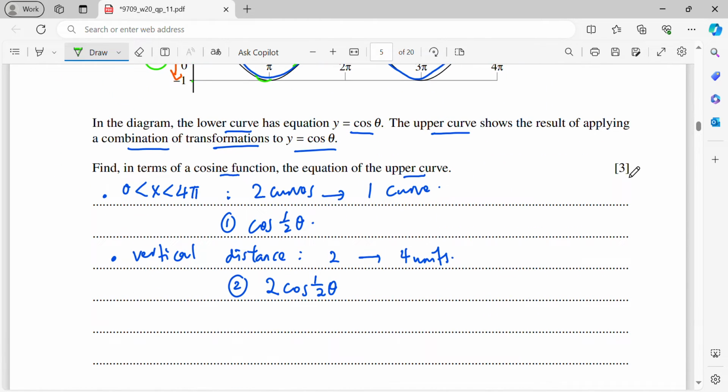Okay, so then from here, I will say shifted 3 units upwards. When shifted 3 units upwards means that you have to plus 3. Then from here, number 3 is 2 cos half theta, you plus 3. So I will write plus 3 over here.